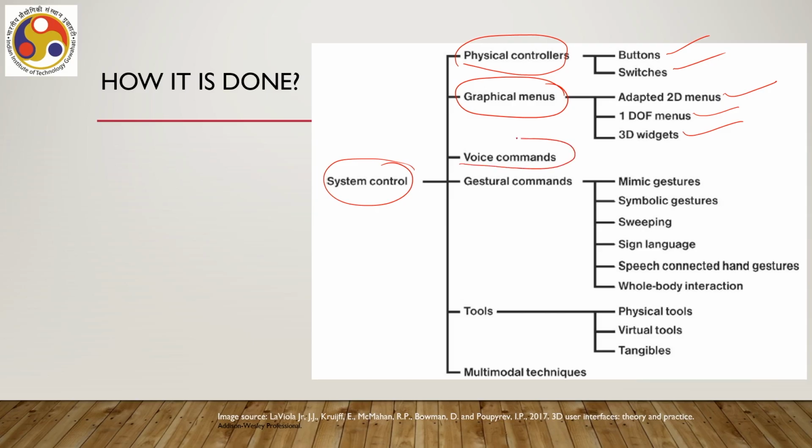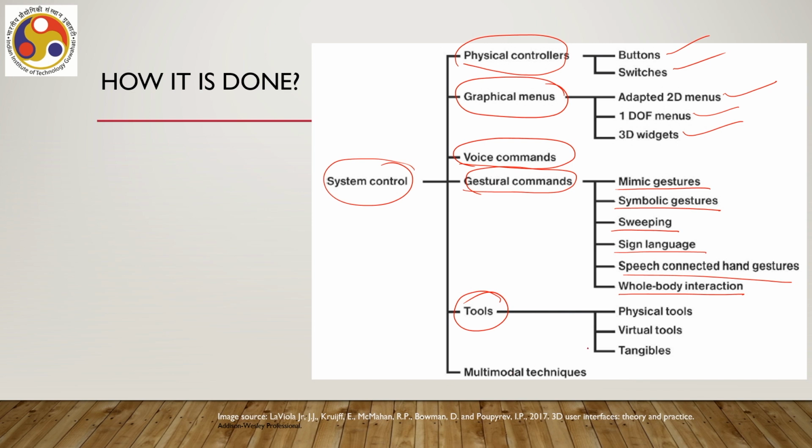Then we can also have voice commands to perform the controls, and gesture commands such as mimic gestures, symbolic gestures, sweeping gestures, sign language, speech-connected hand gestures, whole body interactions. All sorts of regular interaction modes can be deployed.